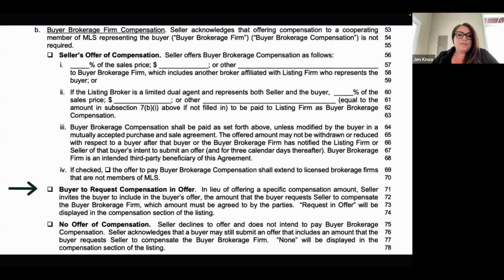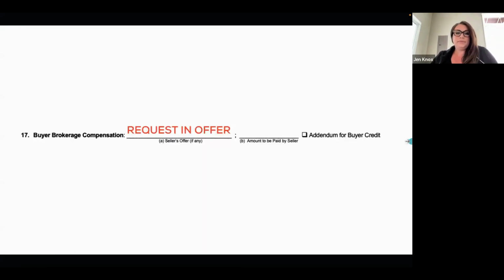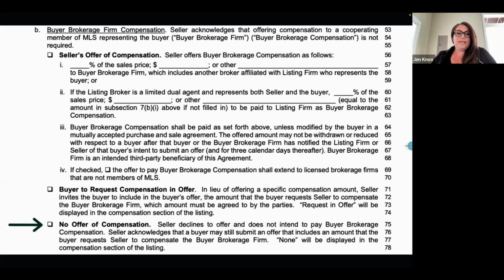If the seller says, I want the buyer to request the compensation in their offer, it's going to show up just like this. You don't write any numbers in 17A that are not already offered by the seller. This is a disclosure of what the seller has offered a buyer broker, if anything at all.